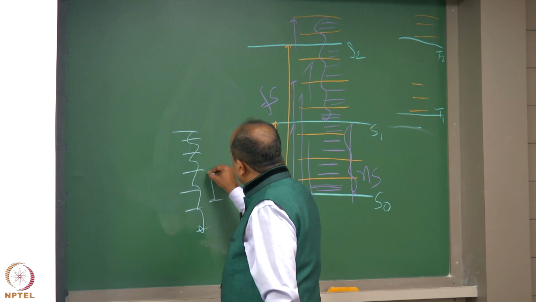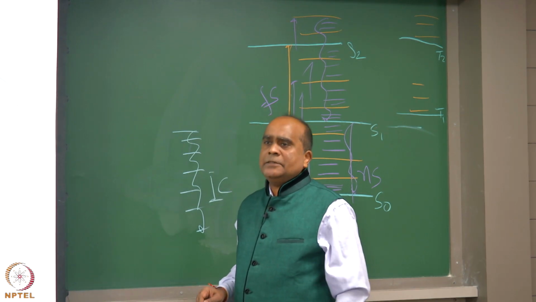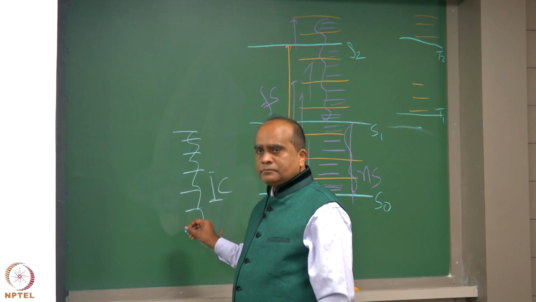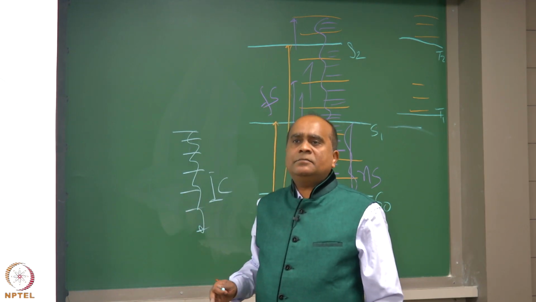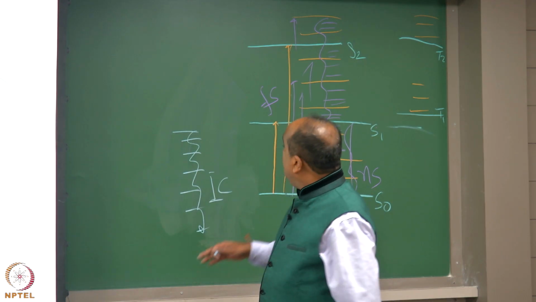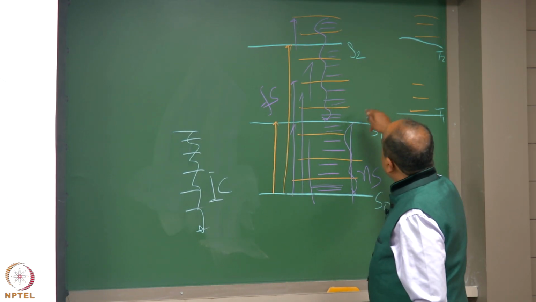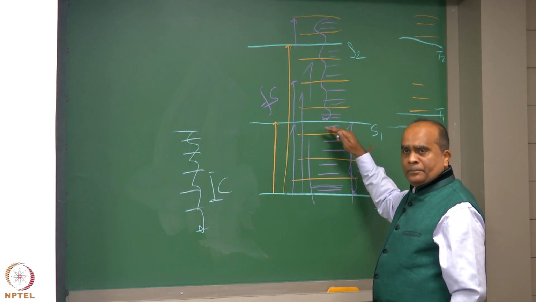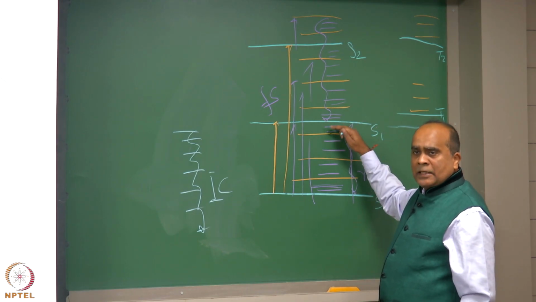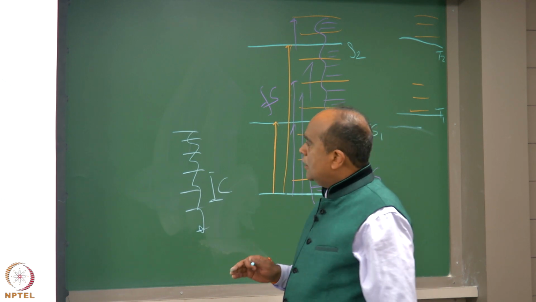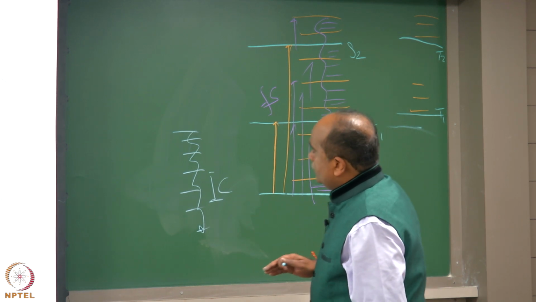This is called internal conversion, IC. It just relaxes without giving any light, coming quietly to the first excited state. That is called internal conversion, IC.